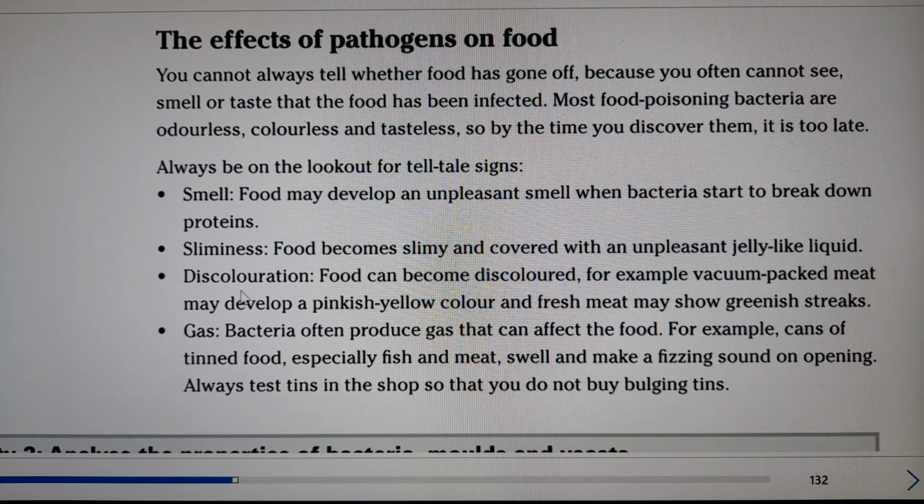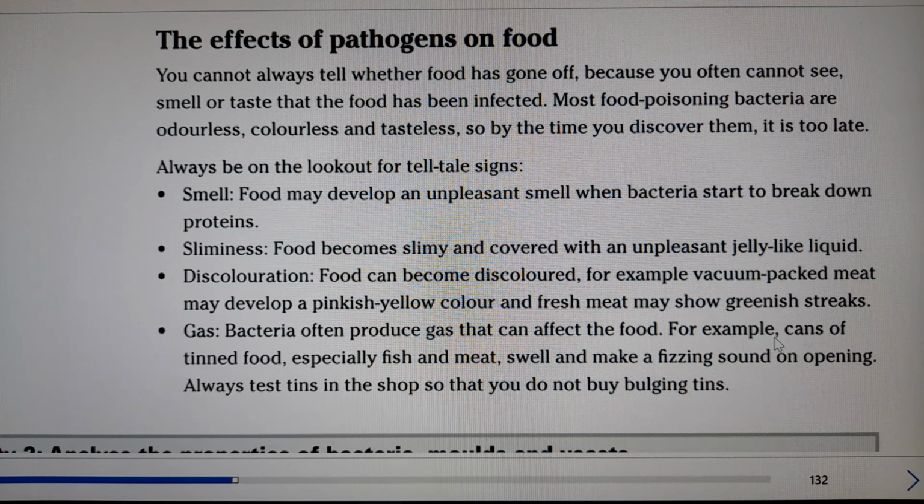And discoloration: food can become discolored. For example, vacuum-packed meat may develop a pinkish yellow color and fresh meat may grow greenish streaks. You've seen this, when the meat becomes greenish. Okay. And gas. Bacteria often produce gas that can affect the food.